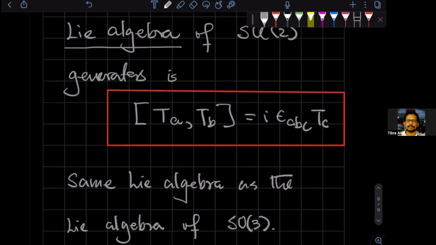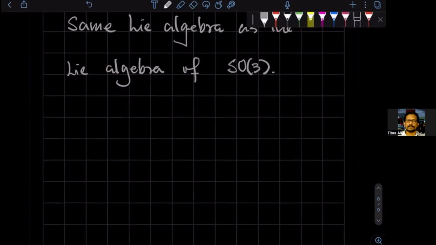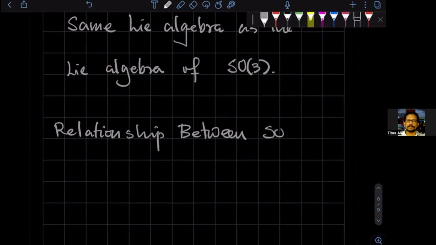Okay. So let's talk about the relationship between SO3 and SU2.